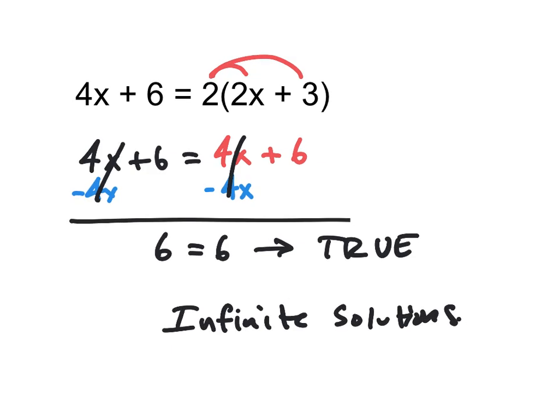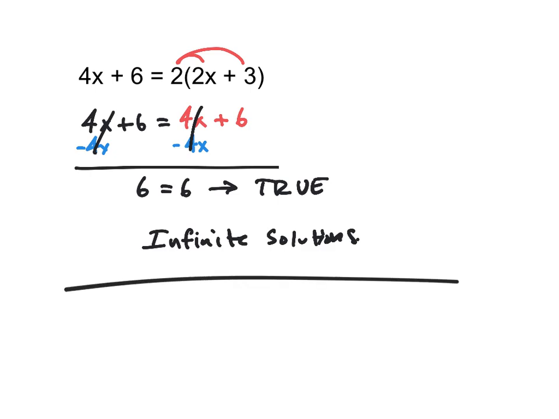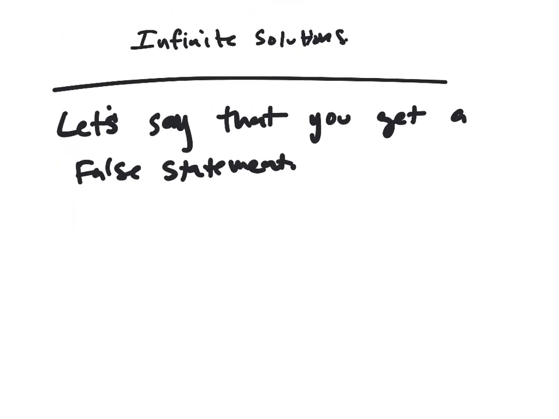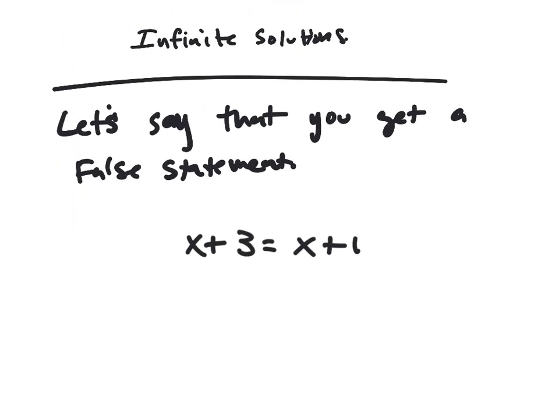Okay, let's say, in a hypothetical world, that you get a false statement, okay? So let's just say that you had x plus 3 is equal to x plus 4.